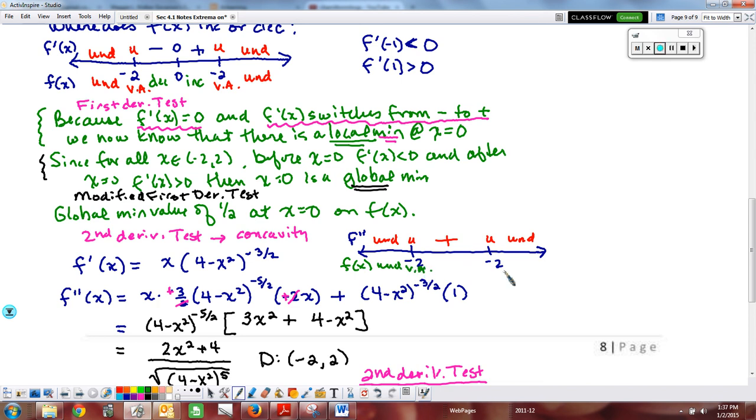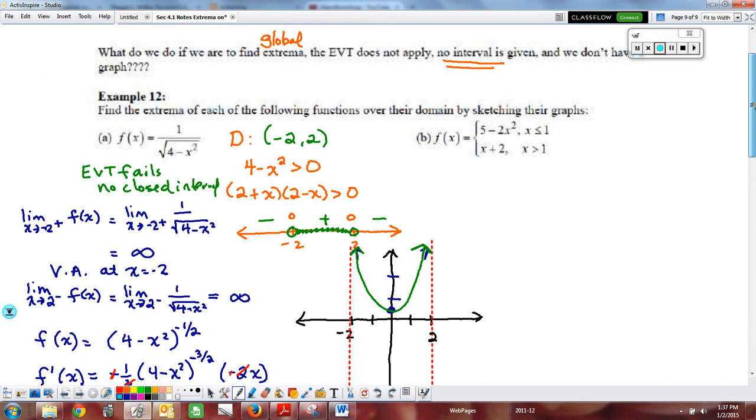We already determined vertical asymptote here and there, and then in between it's going to be concave up. And since x equal to 0 fell in between here and was positive, because it was a critical point back here, it was going to be a local min. All right, so that's kind of a preview of coming attractions from that one.